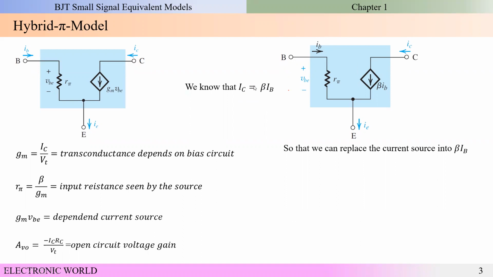It is a simple relationship, so we can replace this dependent current source by beta times IB. We can use either this circuit or this circuit according to our calculations.